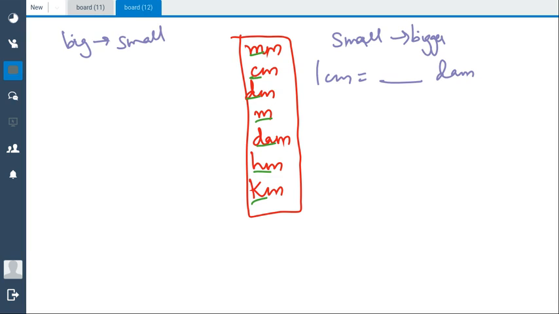First write 10. Now since you're coming from small to big, you need to write minus. Number of steps, 1, 2, 3. This is the answer.